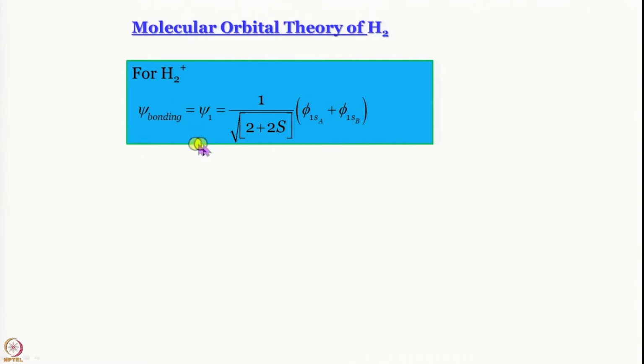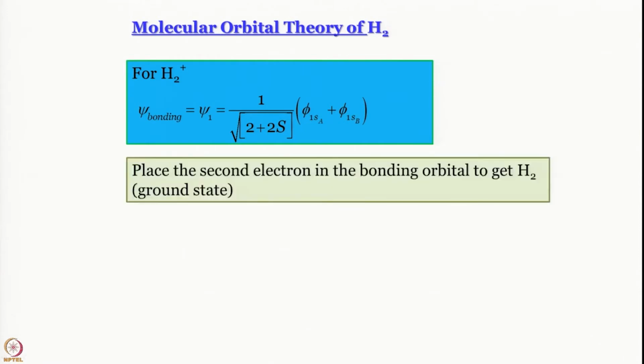Your psi bonding would be 1 divided by root over 2 plus 2s, and I am sure you remember what s is, the overlap integral. 1 by root over 2 plus 2s is the normalization constant of the plus combination phi 1s A plus phi 1s B. This is our bonding orbital, and we know what the anti-bonding orbital is as well.